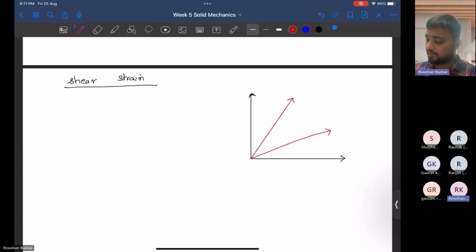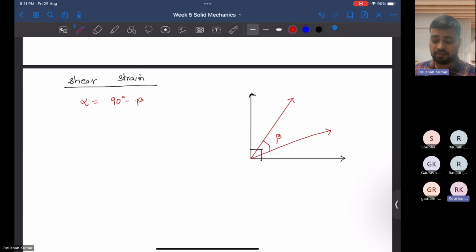Earlier the angle between them was 90 degrees, but now suppose the angle is beta. Shear strain is defined as the change in angle between the line elements, that is 90 minus beta.